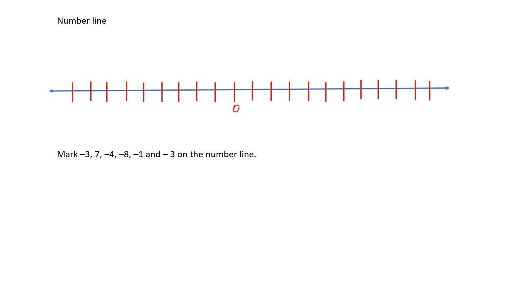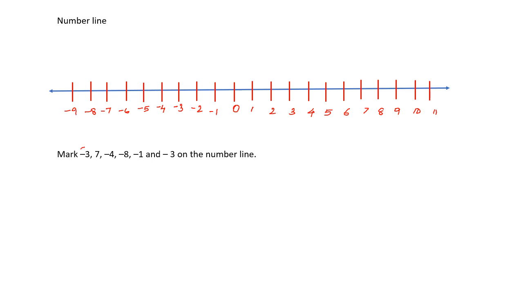I am just marking 0 there. Then at equal distance I have 1, 2, 3, 4, 5, 6, 7, 8, 9, 10, 11 towards the right, and towards the left I will have -1, -2, -3, -4, -5, -6, -7, -8, -9.